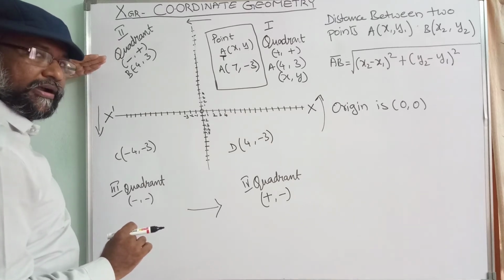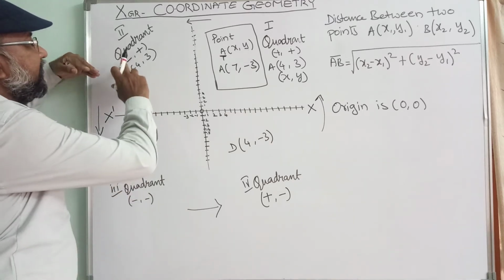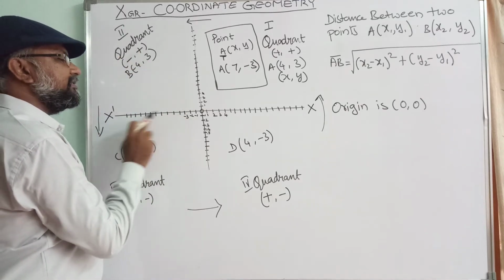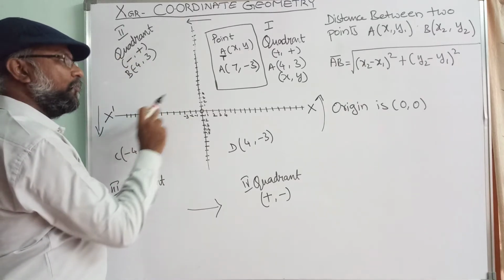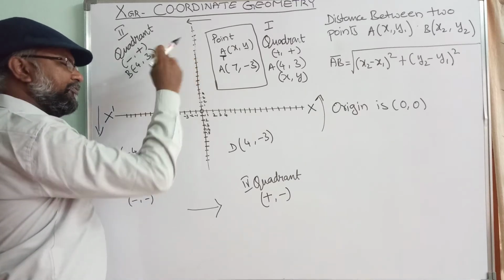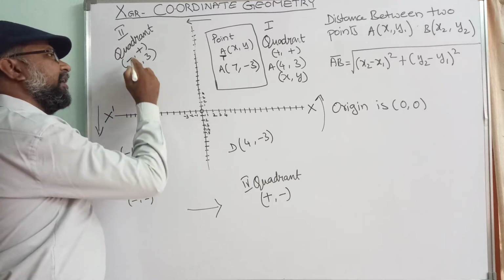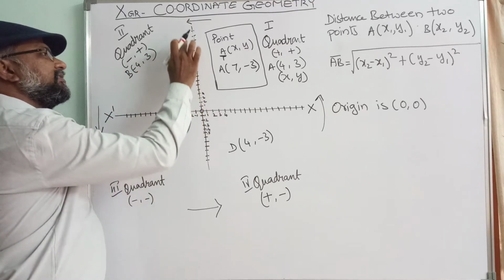In the second quadrant, it is negative and positive, because we consider the x value first and the y value next, wherever it may be. So the x value is negative and the y value is positive.